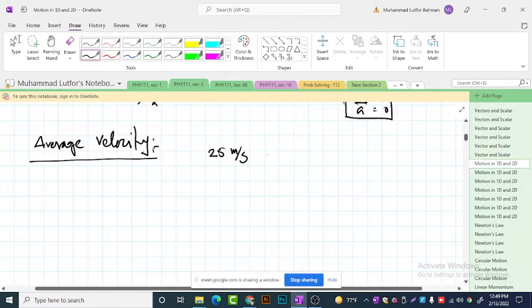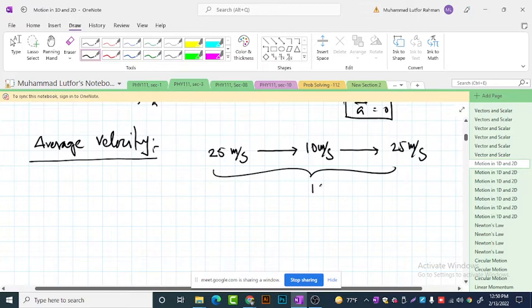You instantaneously slow down the car. Say your speed goes from 25 to 10 meter per second. So that's when you press the brake of the car, and after crossing that pedestrian, you again speed up your car and come back to your original speed of 25 meter per second. Say, only for calculation, this scenario happened within 1 second. So only for this calculation I am saying this one.